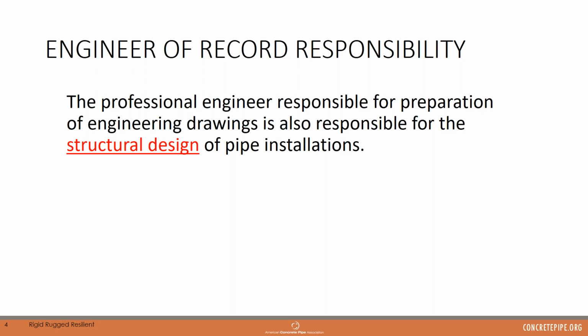Now, a lot of the engineers I come across are typically hydraulics experts or pavement experts. They're not necessarily structural engineers, so they're not comfortable with the structural design of pipe. But again, if you're going to put your professional seal on these plans, you are responsible for the structural component of the pipe installation as well.